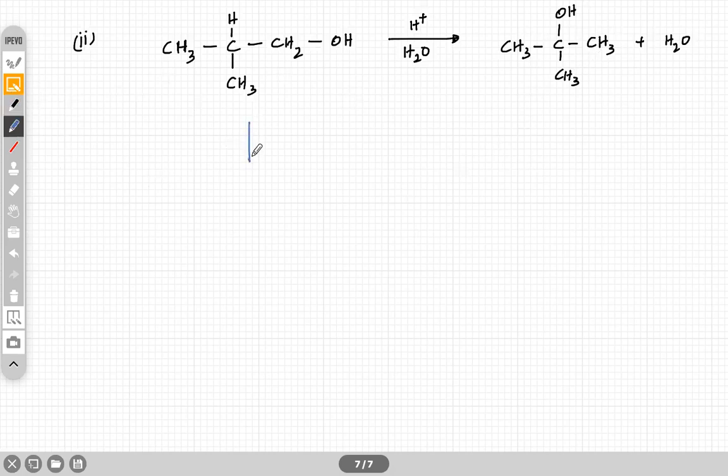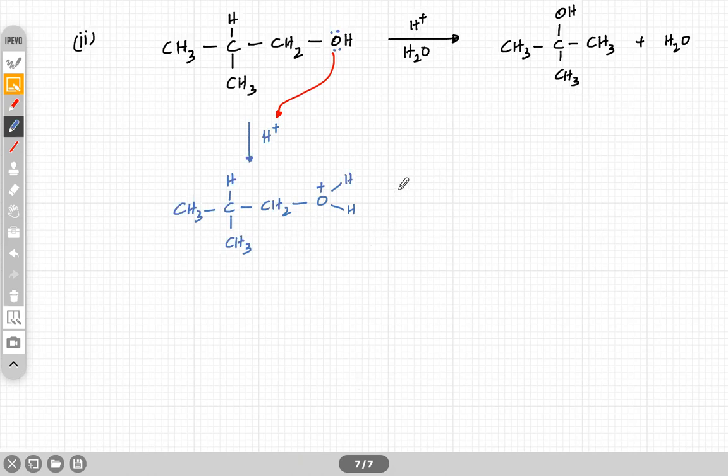The first step of the reaction is the protonation of the hydroxy group. This one gets protonated. It takes H plus from the acid, and it forms CH3CH3CH2 with oxygen having 2 hydrogens and a positive charge on it.